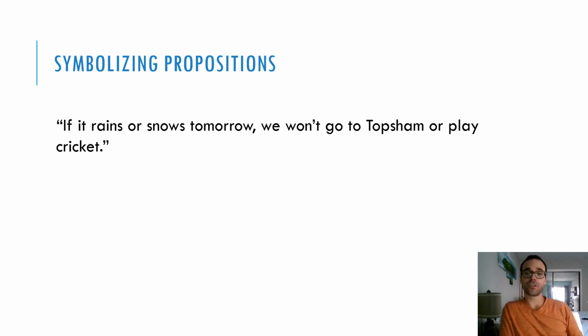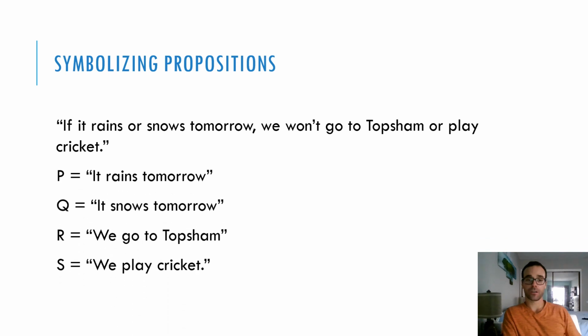So the first thing to do here is identify how many simple propositions we have within this sentence. And within this sentence, we have 4 simple propositions. The 4 simple propositions are: it rains tomorrow, it snows tomorrow, we go to Topsham, and we play cricket.